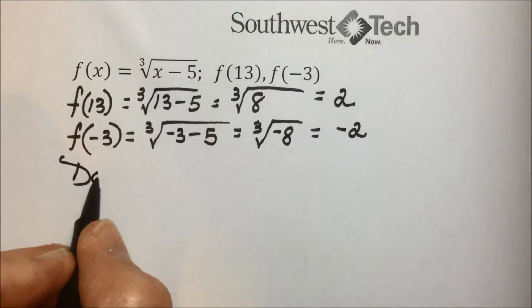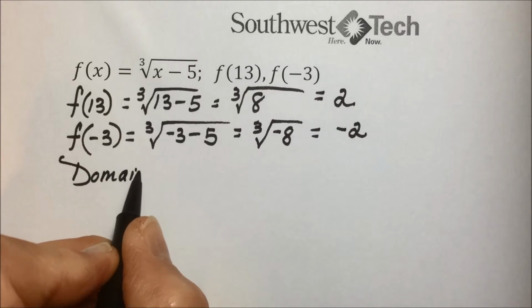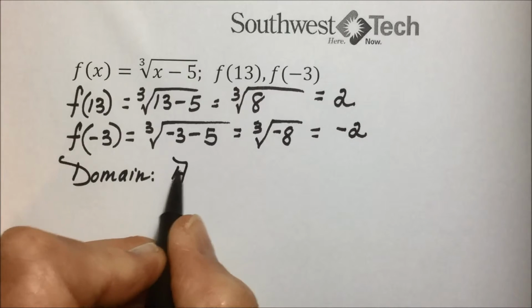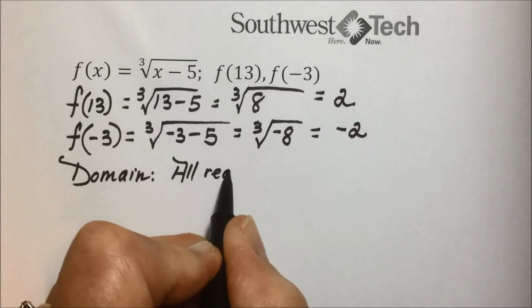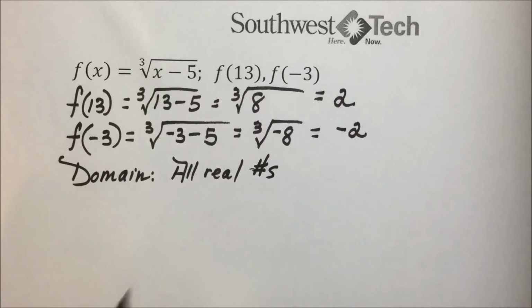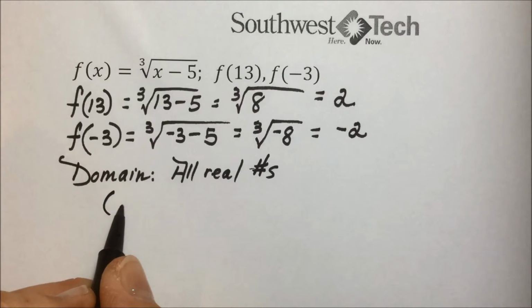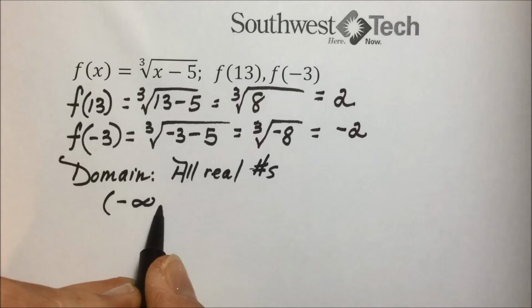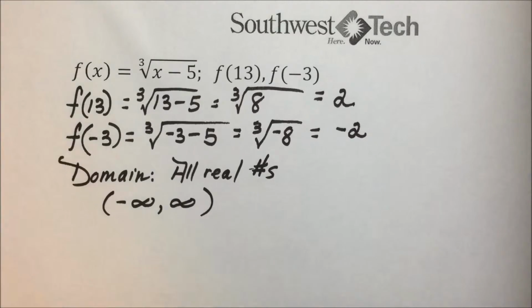The domain in this case then will be all real numbers, and in terms of interval notation, we are going negative infinity to positive infinity.